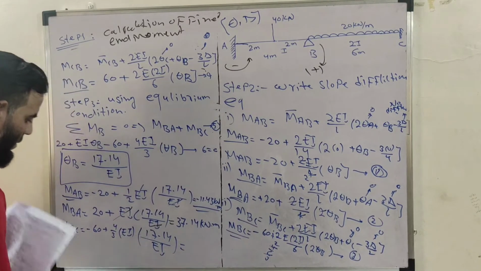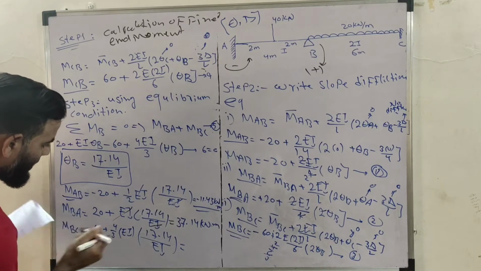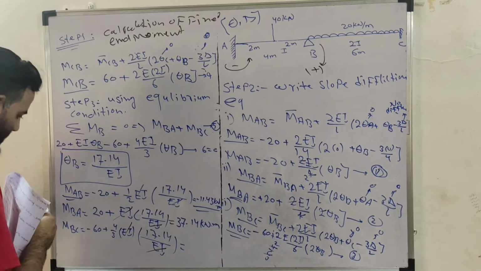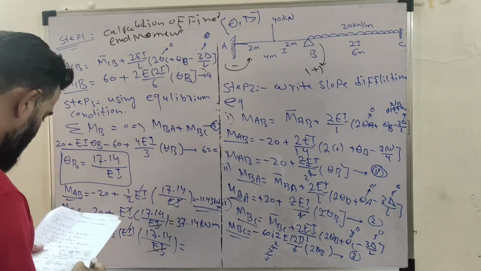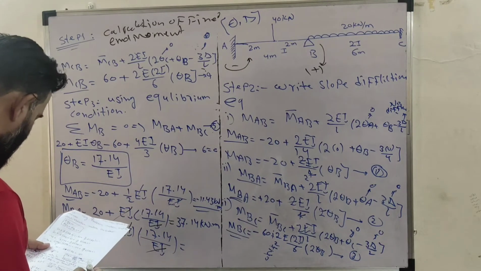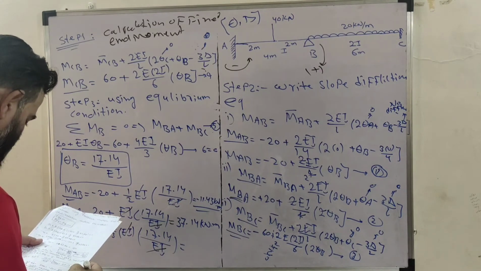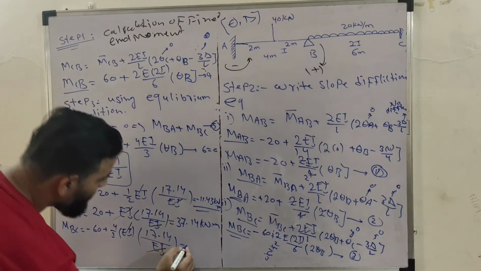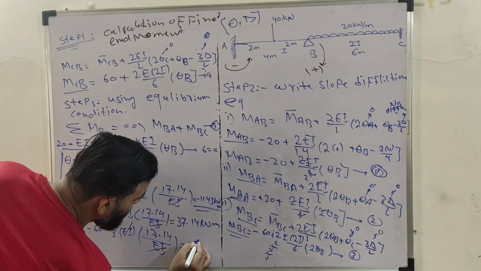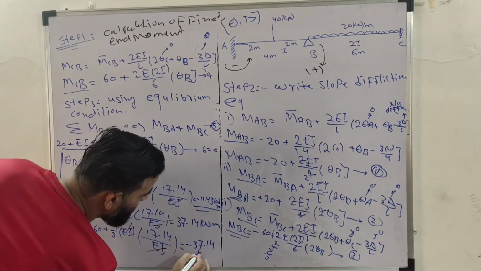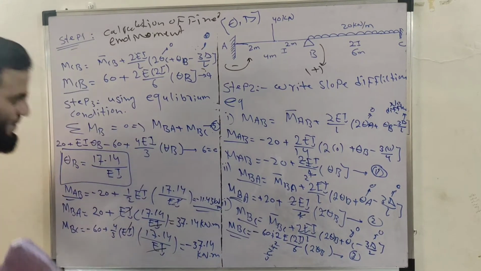EI cancels. I already calculated moment of BC is equal to minus 37.14 kilonewton meter.